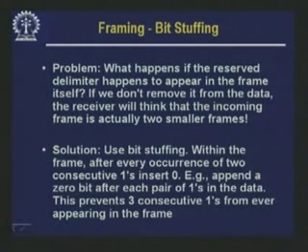Some bits have been introduced after every 2 ones in the data, and the receiver knows that if it encounters 2 ones and then a 0, this 0 is actually bit stuffing. So this 0 will be dropped from the actual data. This way, 3 ones will never appear in the body of the frame, whereas they will appear in the preamble and the postamble.